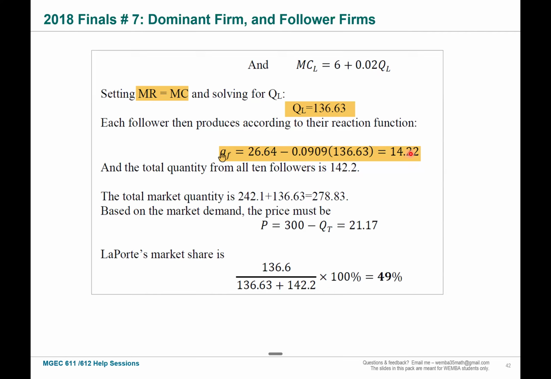So this must be 142.2, not 14.2. Okay, 14.2 is for the individual one. Since there are 10 such firms, there are 142.2. So the market share is, this is from the leader, this is from all the follower firms, so 49%.